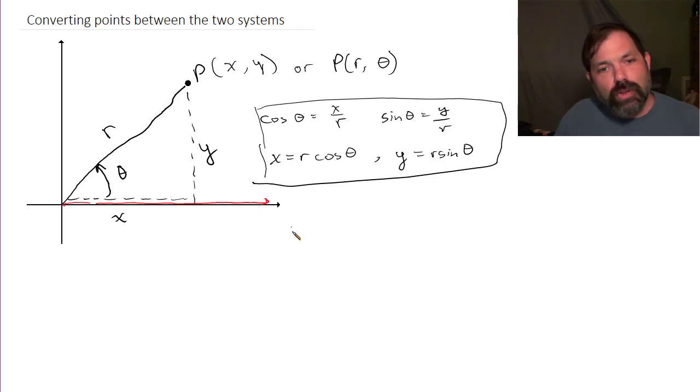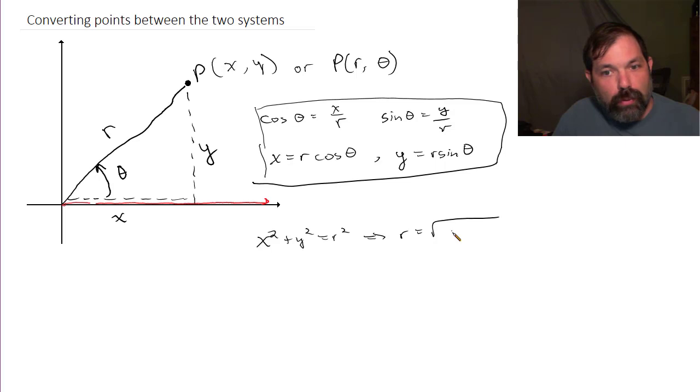Now we also know from the Pythagorean theorem that x squared plus y squared is r squared, so then r can be thought of as the square root of x squared plus y squared. The r, the magnitude, is the square root of the sum of the squares of the components. Again, same concept that we saw with vectors. What about the theta?